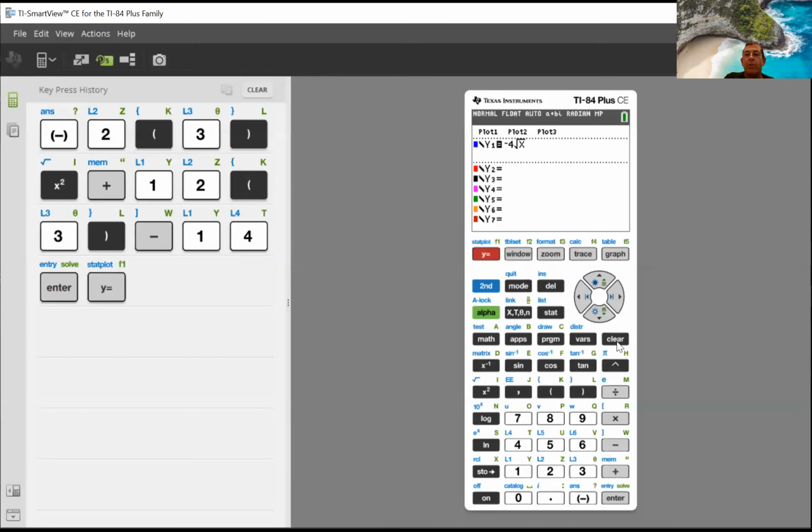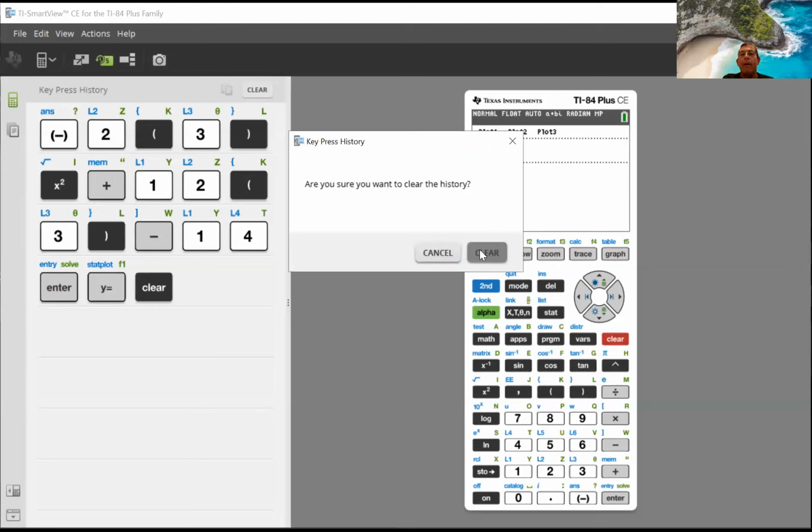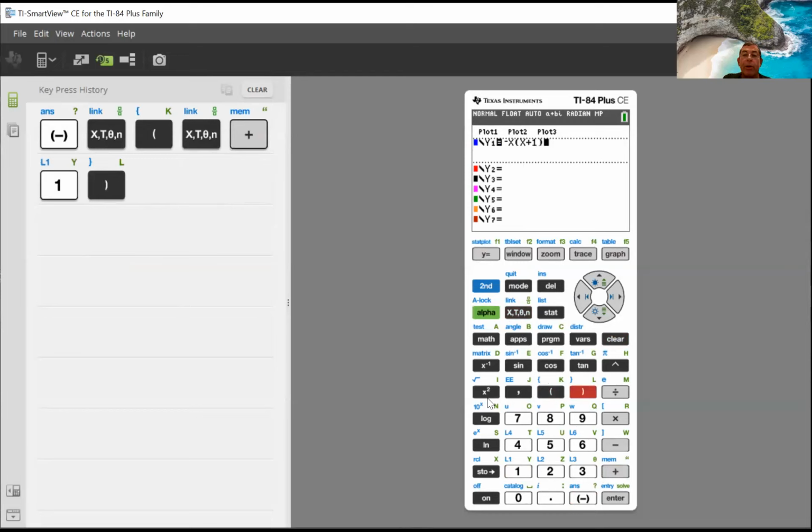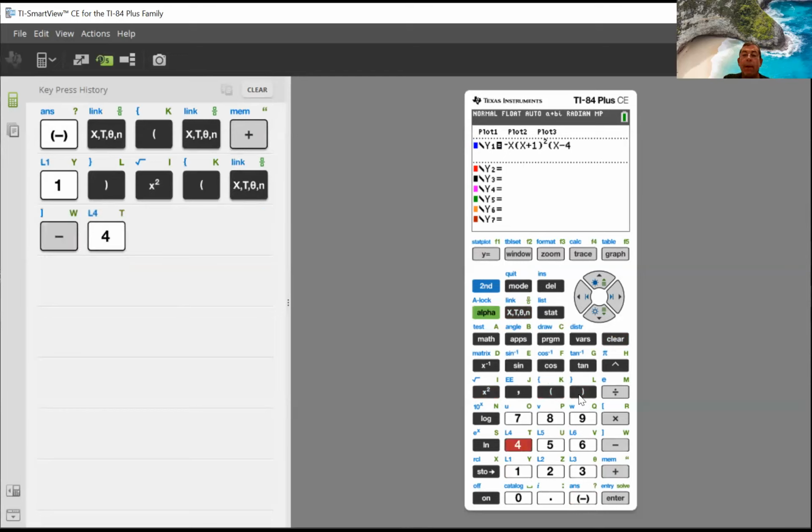So go to y equals, I'm going to clear everything off. First, I'm just going to put in my equation. I had a -x times parentheses x plus 1, close parentheses, and square that. And then I had parentheses x minus 4, and that was squared also. So there's our equation.